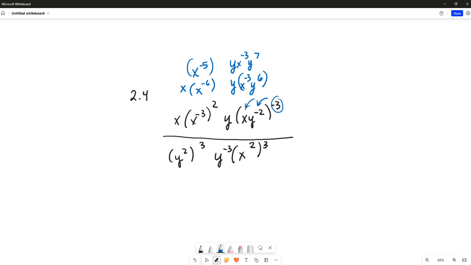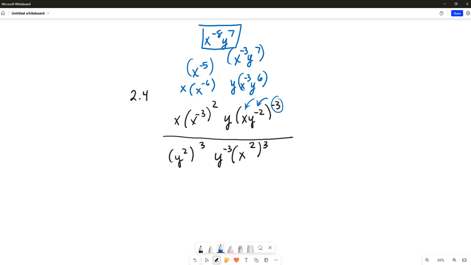Oh, no, that's wrong. X to the negative 3rd, y to the negative 7th. Okay. And then we'll simplify this. This is x to the negative 8th and y to the 7th. Okay, so that's everything on top.